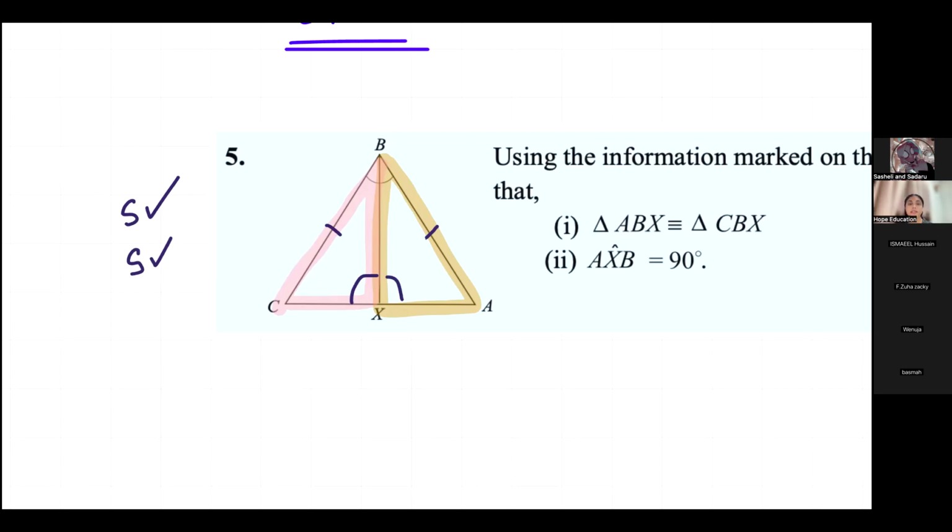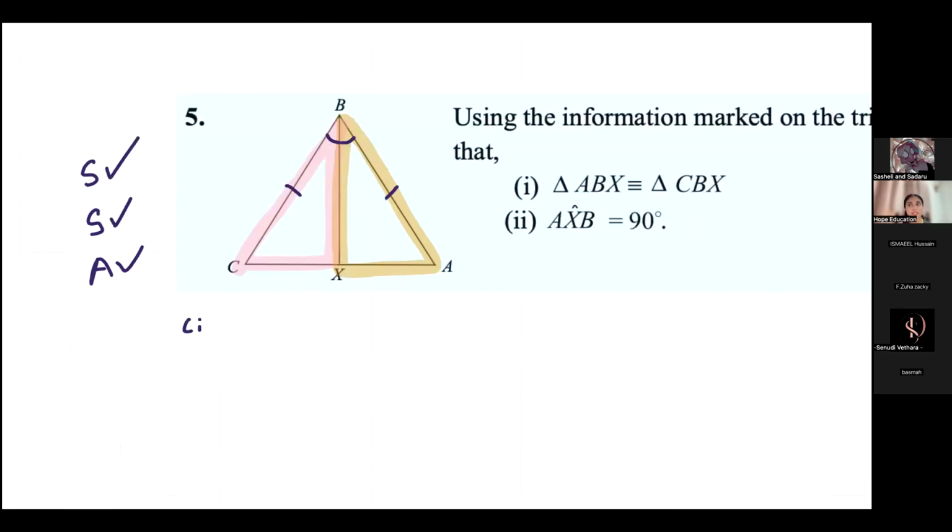No. But have they given that this angle is equal to this angle? Yes, they have given that. So we have an angle pair. It's easily assessed.